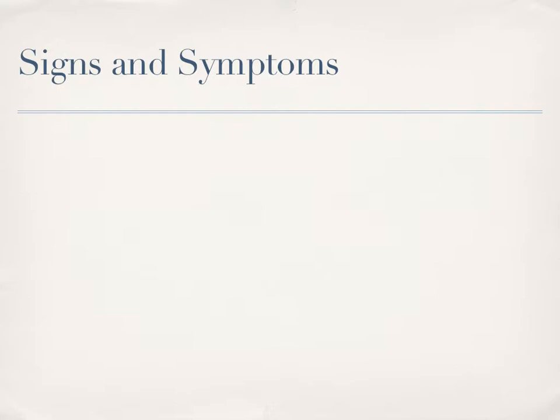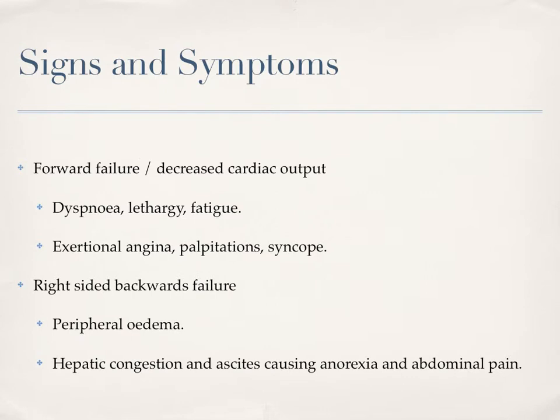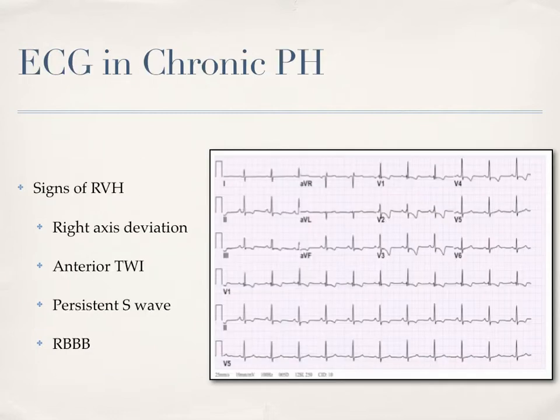Some of the signs and symptoms are very similar to those of heart failure. You get forward failure and decreased cardiac output, with dyspnea, lethargy, fatigue, exertional angina, syncope, and then signs of right-sided backwards failure: peripheral edema, hepatic congestion, abdominal discomfort.